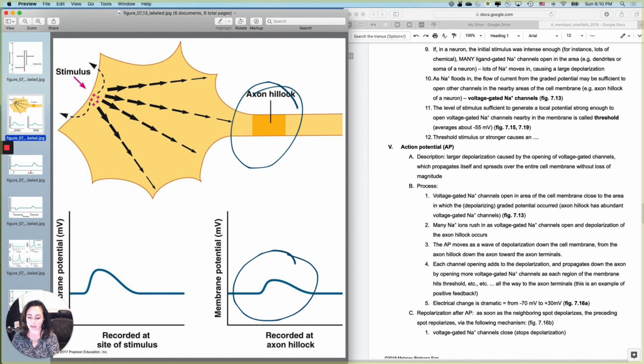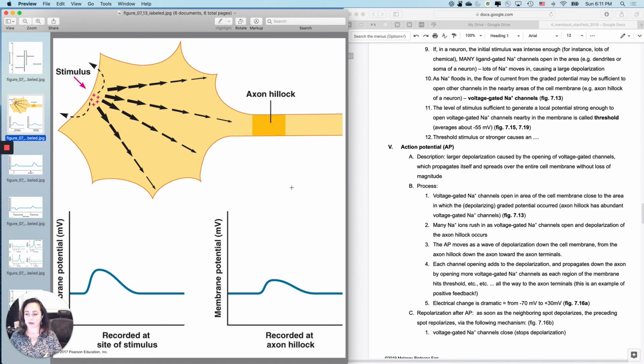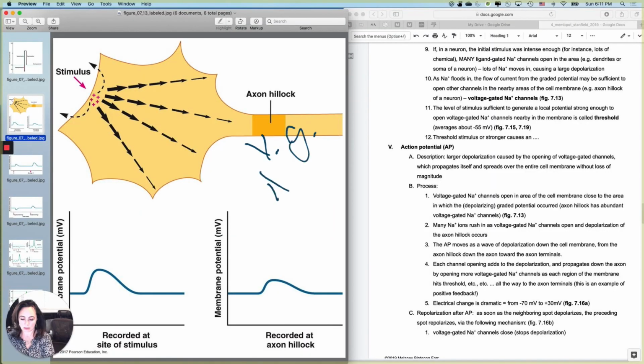The axon hillock is a really important part because it's the first area that you're going to learn that has voltage-gated sodium channels. Okay, so if the axon hillock gets the voltage-gated sodium channels open, you will get a new type of membrane potential.